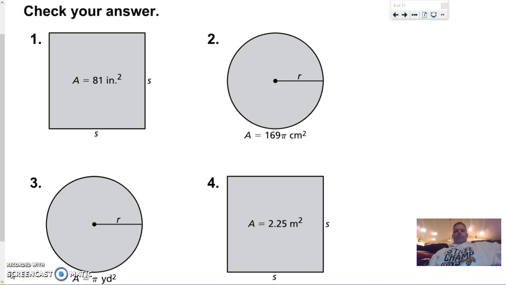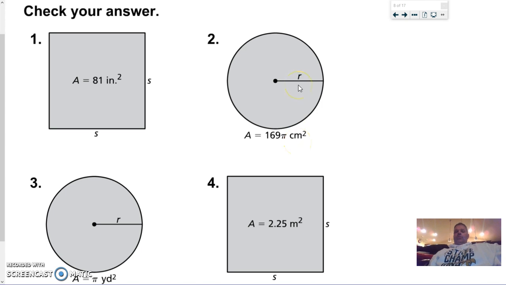Hopefully you had time to finish up the problems 1 through 4. In the first one, we know that the square root of 81 is 9, so 9 times 9 is our 81 square inches. In number 2, we know that 13 times 13 gives us 169, so 169 times pi is 169 pi square centimeters.